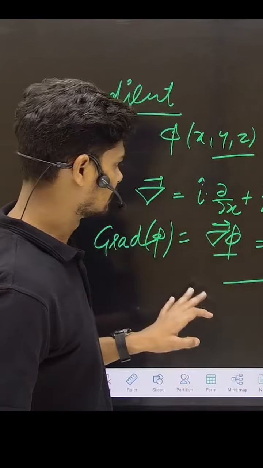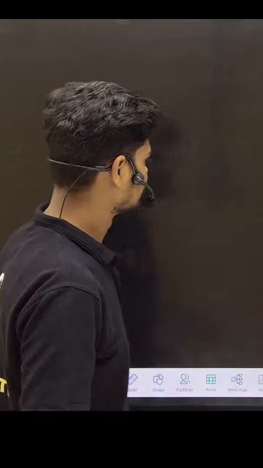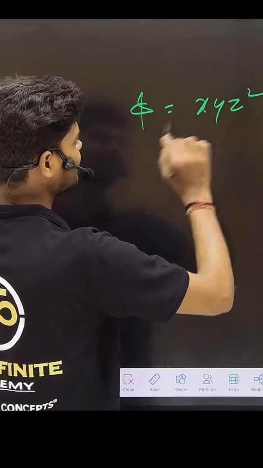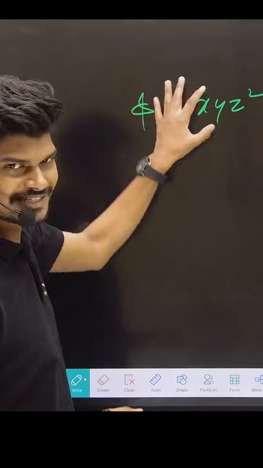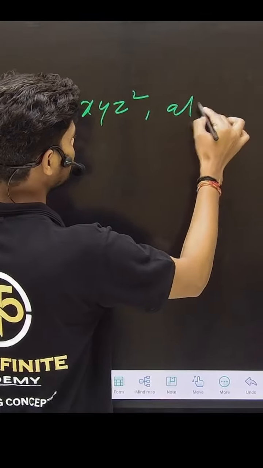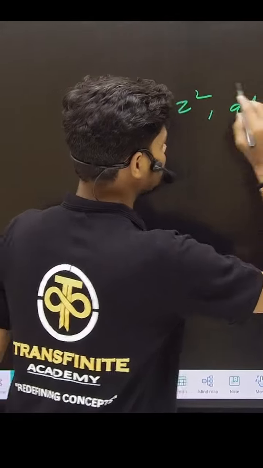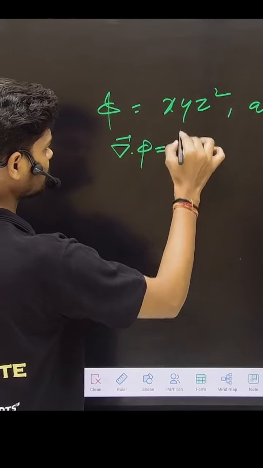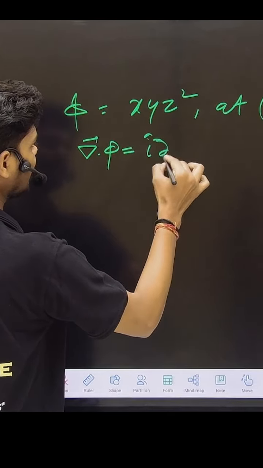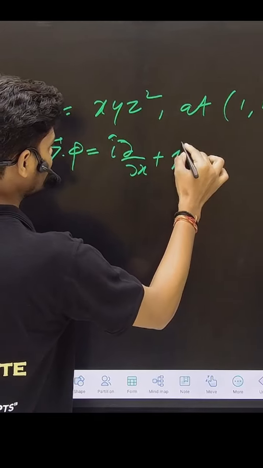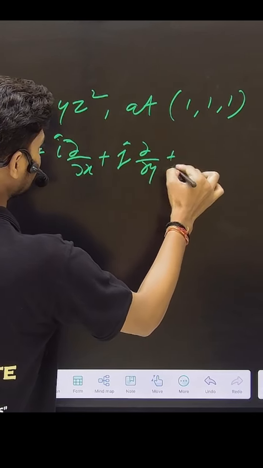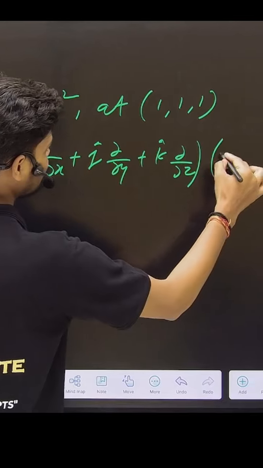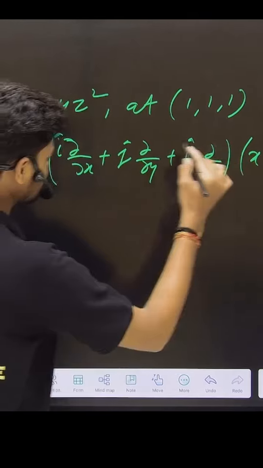Okay, so let us take one example. If we have phi equals x, y, z square, we have to find the gradient of this function at 1, 1, 1. So the gradient is del phi, i cap del by del x plus j cap del by del y plus k cap del by del z, and phi is x, y, z square.